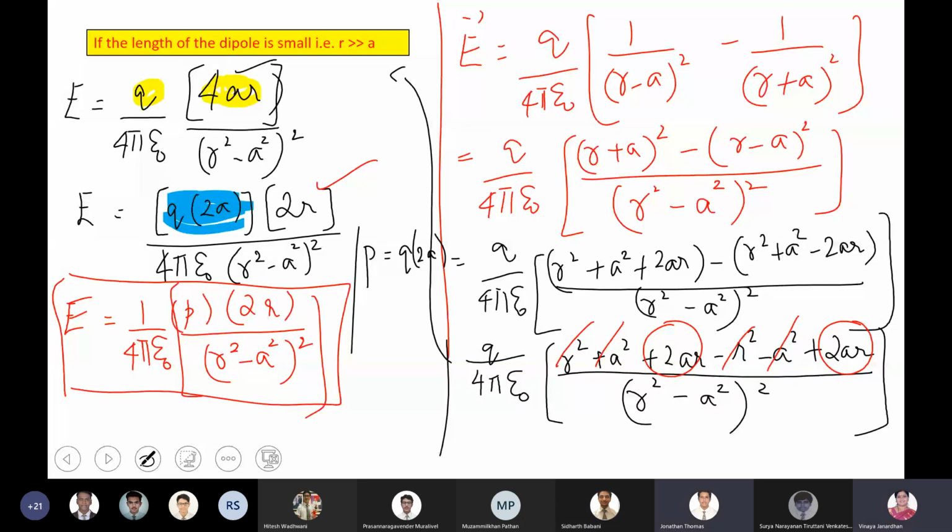Should we write the direction from P to P? No, I'll do that. Let us complete this, then we'll go for the direction. Also, ma'am, why did they write the length of the dipole? That last one is a special case. I'll do that later. So copy down this.